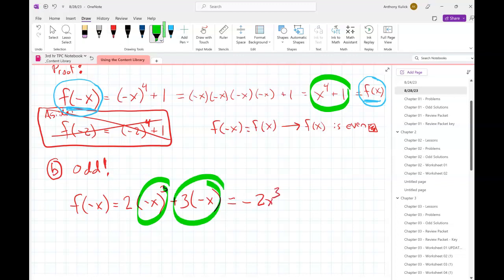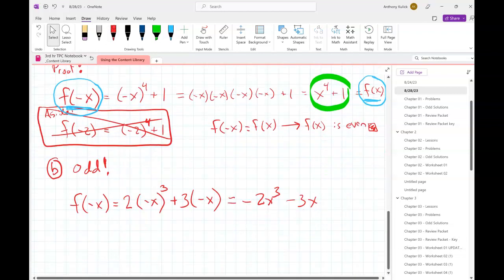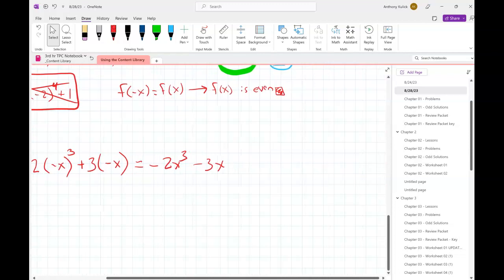When I multiply a negative and a positive, I get a negative. So that's just going to be minus 3x. So far, so good? Okay. Well, since we're odd, we're trying to get to negative f of x, right? Remember, that's the observation. So I'm going to now factor out a negative sign.